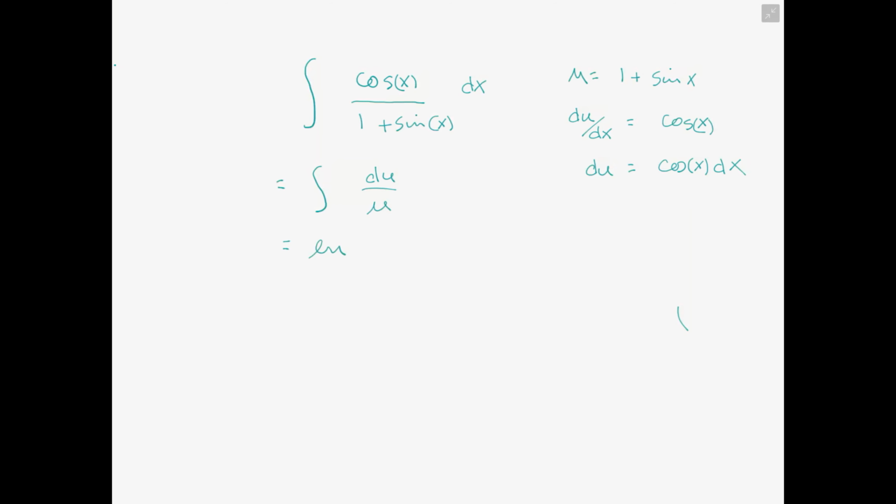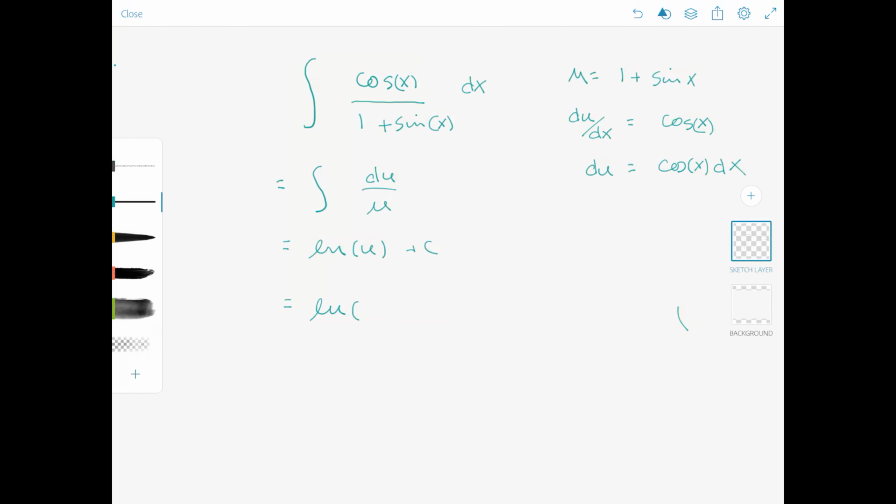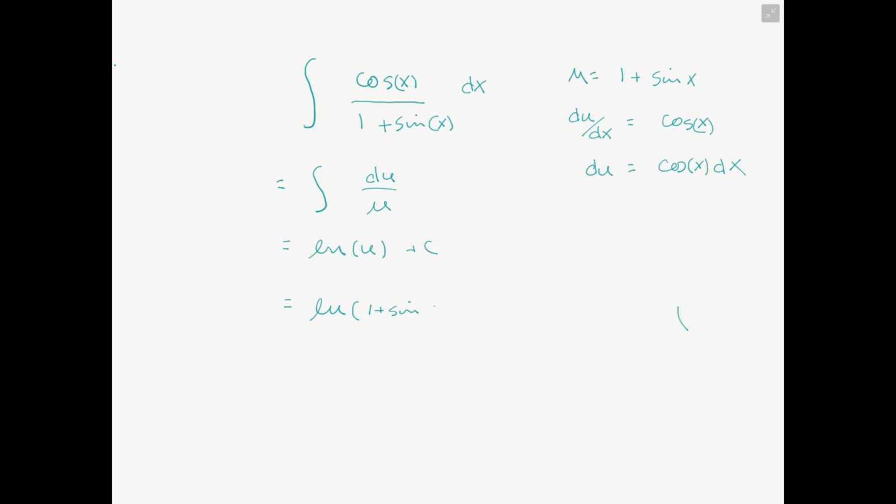And that is the natural log of u plus c, and u is 1 plus sine of x, so the answer is the natural log of 1 plus sine of x plus c.